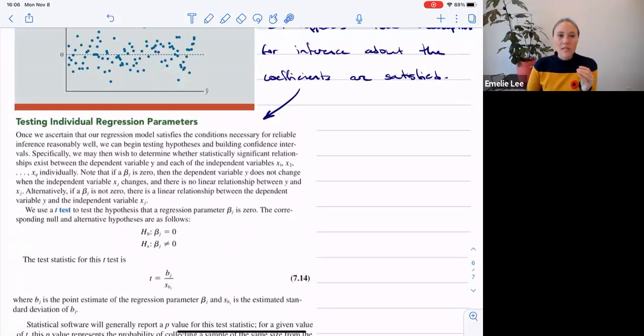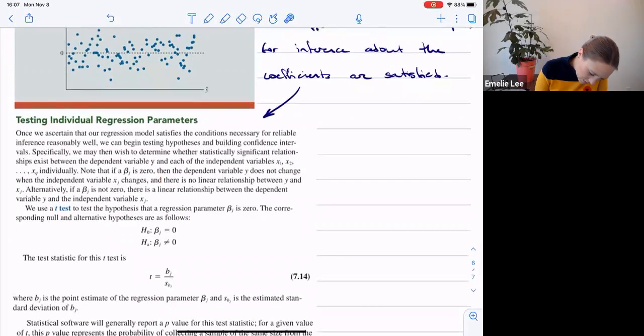So what we're saying is that if the coefficient is 0, then that X value is not doing anything in helping me predict values of Y, right? Here, we may wish to determine whether the dependent variable Y and each of the independent variables X1, X2, up to XQ individually have some statistically significant relationship.